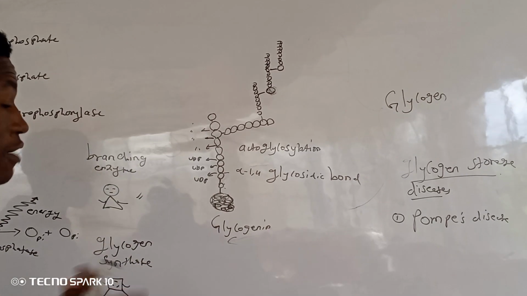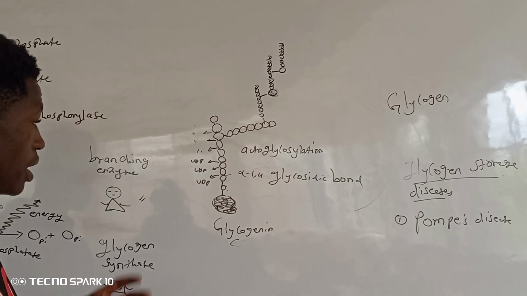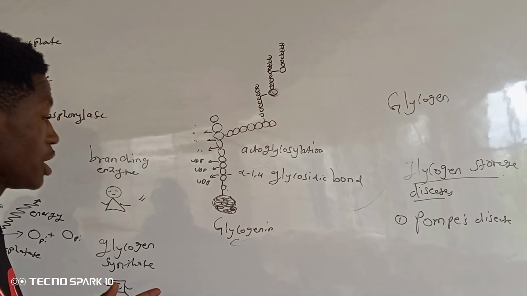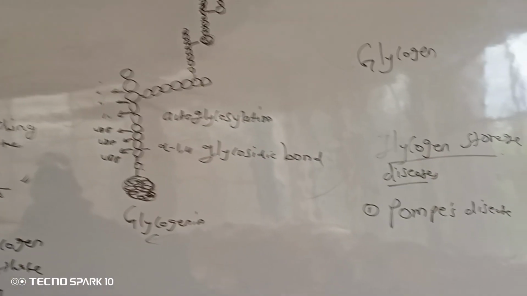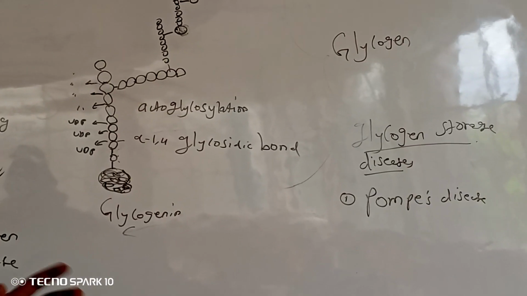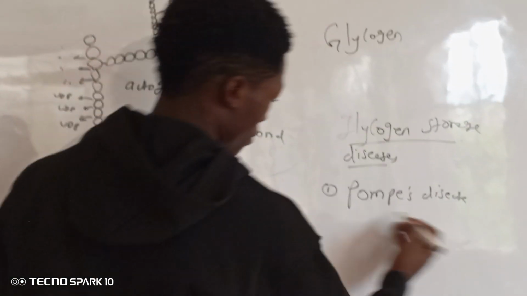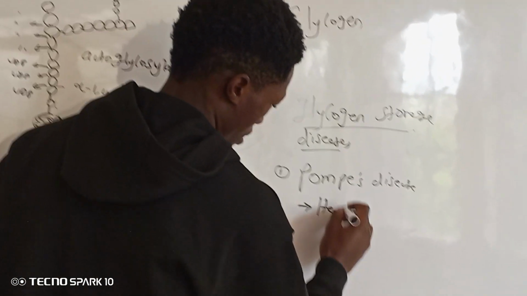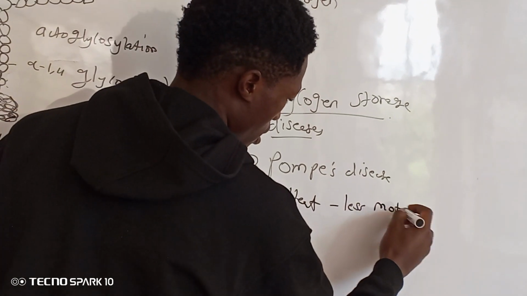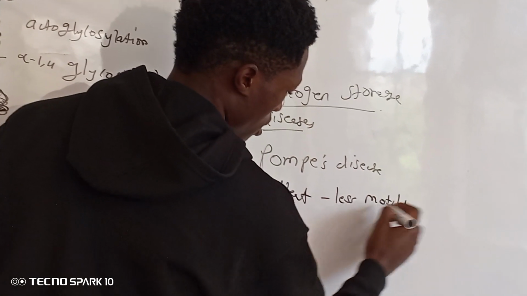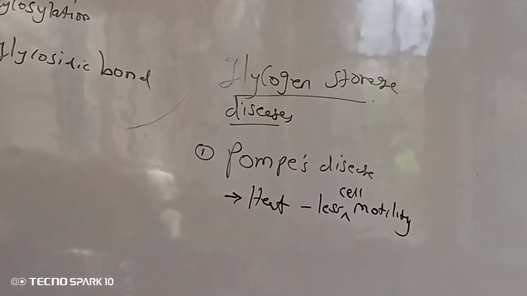This is going to affect the cell's motility. The cells cannot easily move around, right? This is most significantly seen in the heart, so that the heart cannot contract. When the heart cannot contract, it can lead to heart attack, and heart attack can lead to death. So Pompe's disease mostly occurs in the heart. Less cell motility leads to heart attack, then can lead to death.